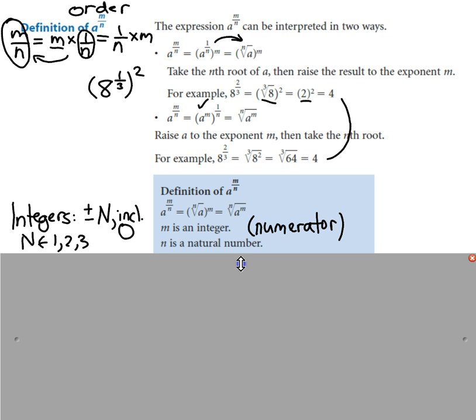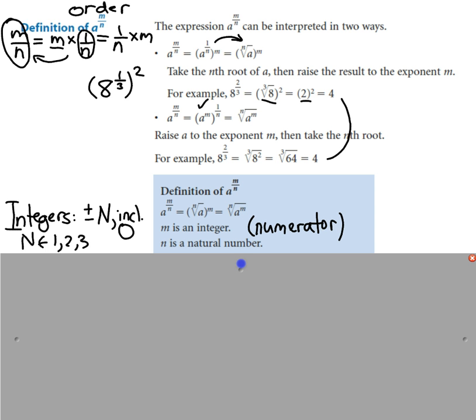So m can be an integer, and that's important because if we want to use reciprocals, and we've already seen reciprocals with exponent laws, then we have to have the ability to put in a negative here. We don't want the root to be a negative. That wouldn't be defined at this point.